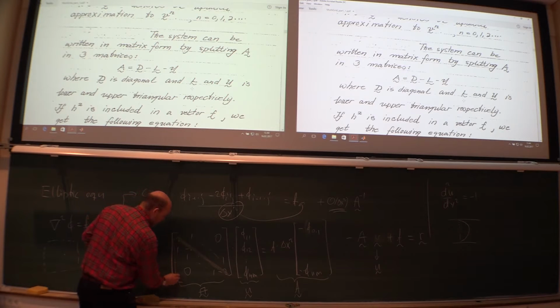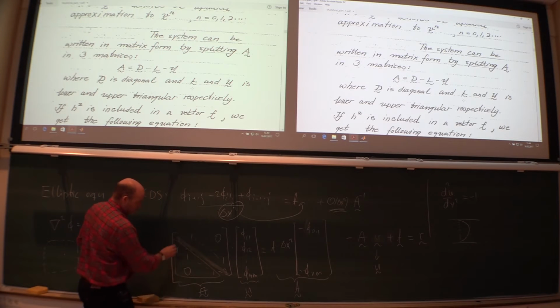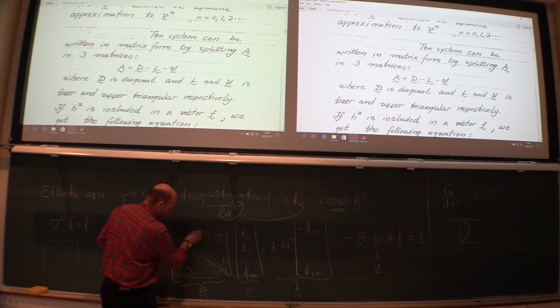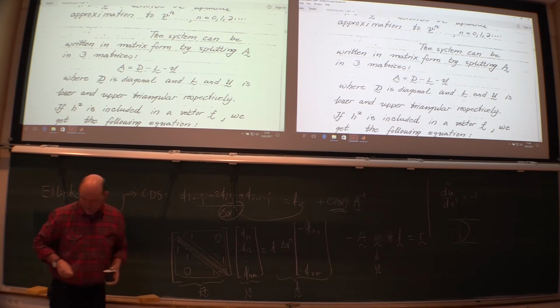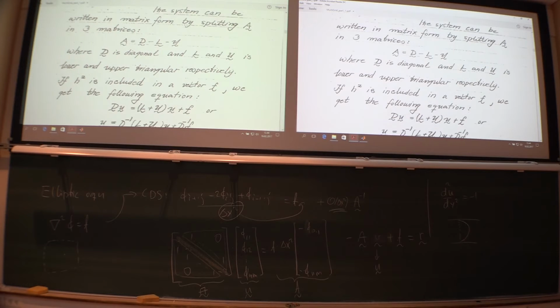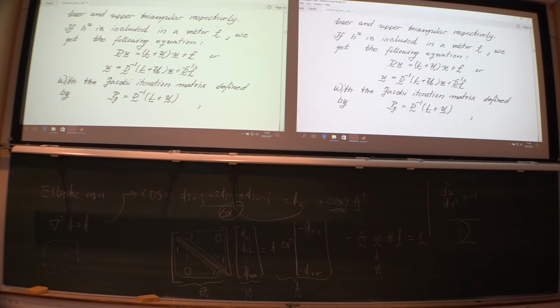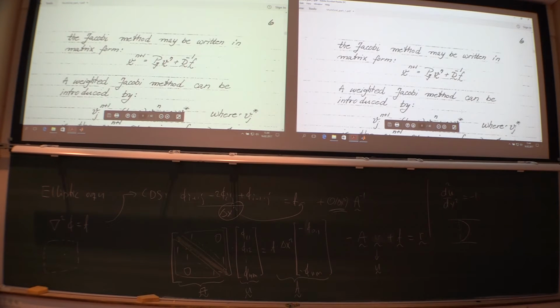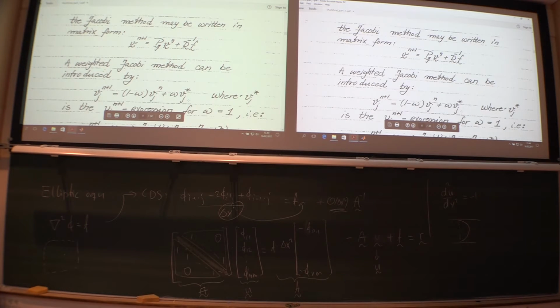And this triangle here is the lower, and this one is the upper part of the matrix. So that's one way to split it up. So with Jacobi then you will have the lower and upper directly, not a problem there. But with Gauss-Seidel it will be a little bit different.